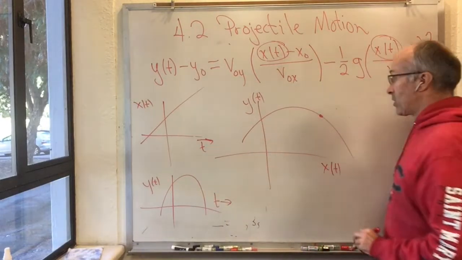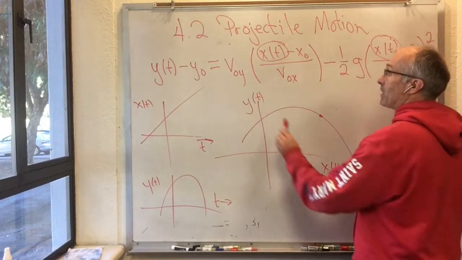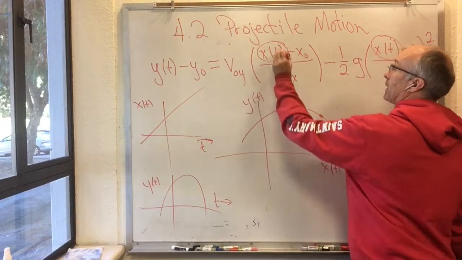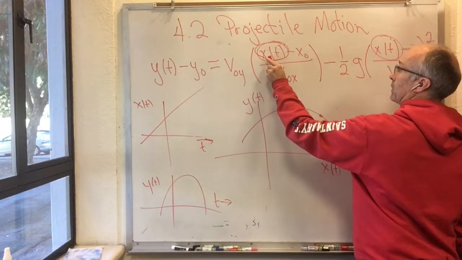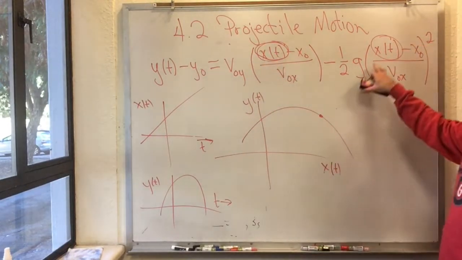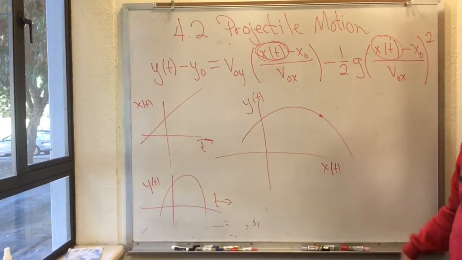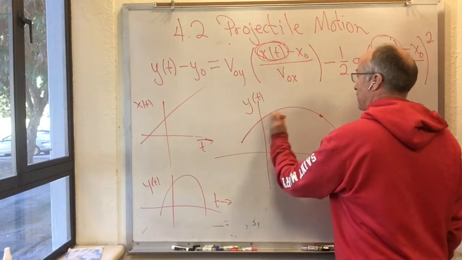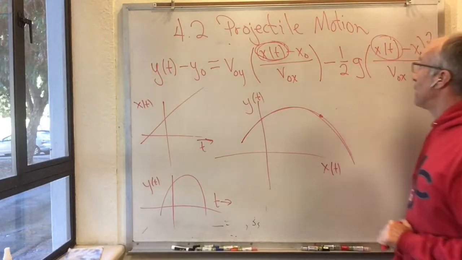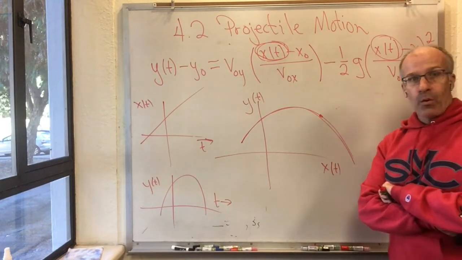This is now position on the horizontal axis. We see that y has got a linear term and a quadratic term. So y as a function of x is a downward opening parabola.